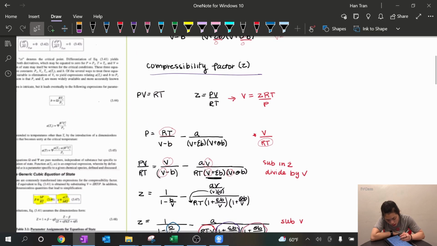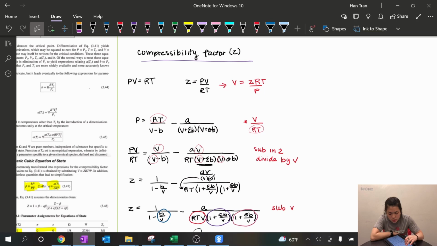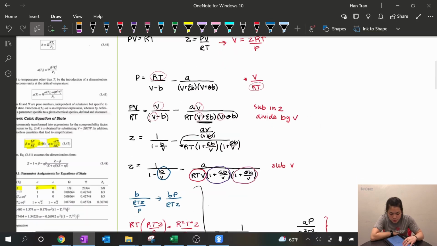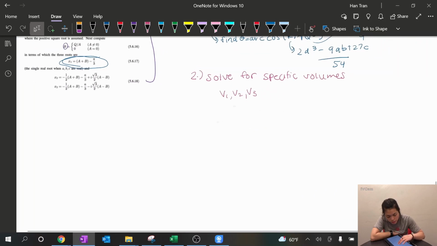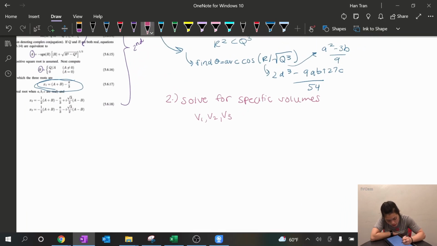We know that the compressibility factor Z equals pressure times specific volume divided by gas constant R times temperature. Then we can use algebra to manipulate this equation.